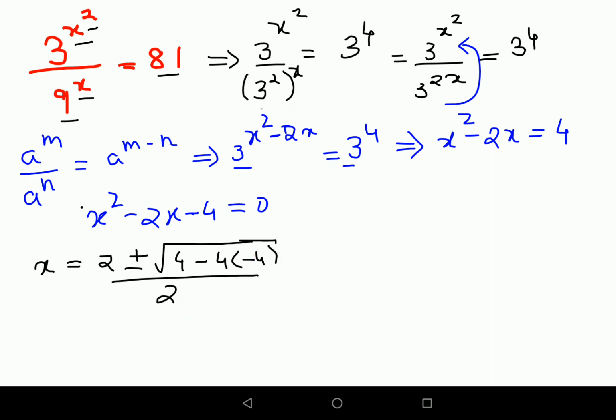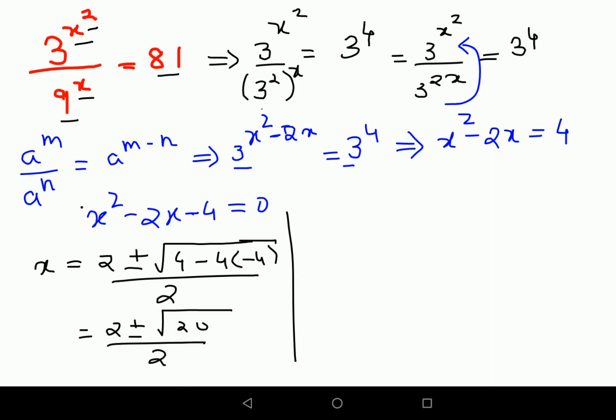upon 2 times a, so 2 into 1 gets you just 2. So this comes out to be 2 plus minus root of 4 minus 4 into minus 4, which gets you plus 16. So 4 plus 16 gets you 20 upon 2.